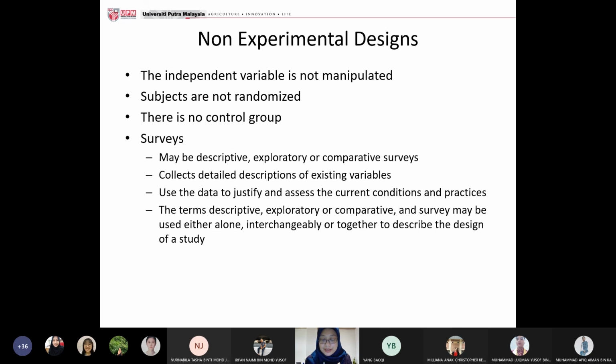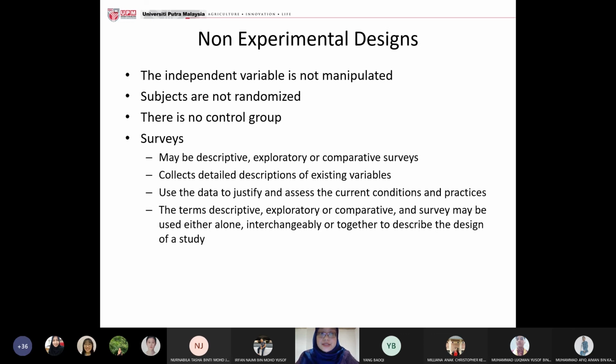then you will most likely fall into non-experimental design. But it doesn't mean that this is qualitative. I have to highlight this because a lot of people have this misconception. The only difference is the independent variable is not manipulated. So people who are trying to identify causes of an issue, trying to link behaviors to an issue, you might fall under this non-experimental design.